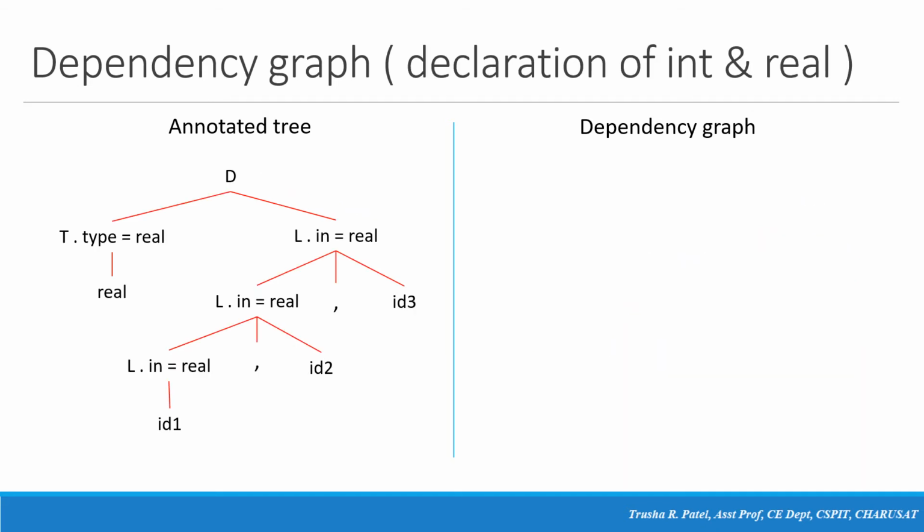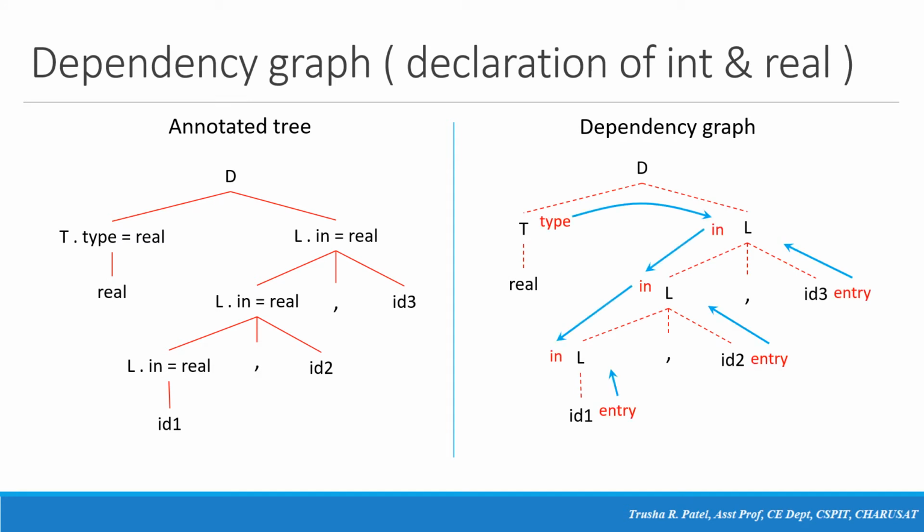Let us construct the dependency graph for the declaration statement. This annotated parse tree we have also constructed previously. Here L.in was dependent on T.type. So there is an arrow from T.type to L.in. Then the third layer L.in was dependent on the second layer L.in, and the second layer L.in was dependent on the first layer L.in.